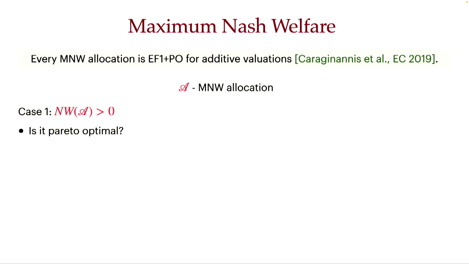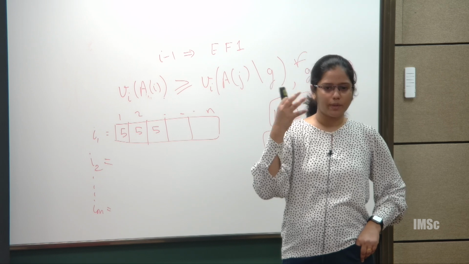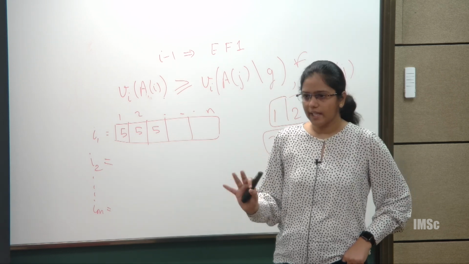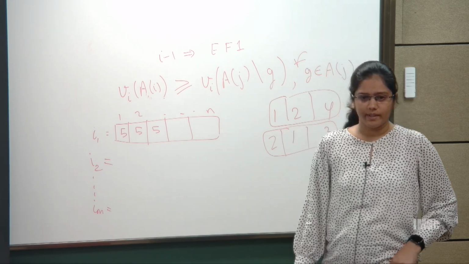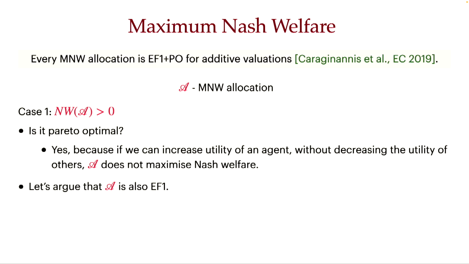If there was some other allocation, then that would have been maximizing the geometric mean, not this one. If there is another allocation that dominates this one, everything remains the same, one of them will improve, so the geometric mean will improve. So, that is simple, that it is Pareto optimal. Let us argue that A is also EF1.